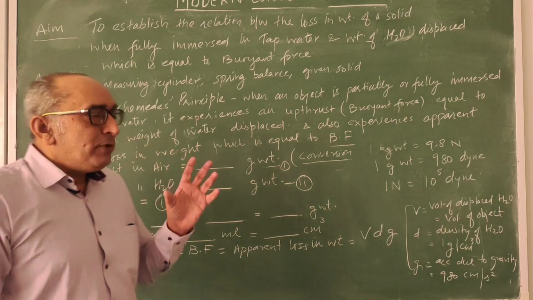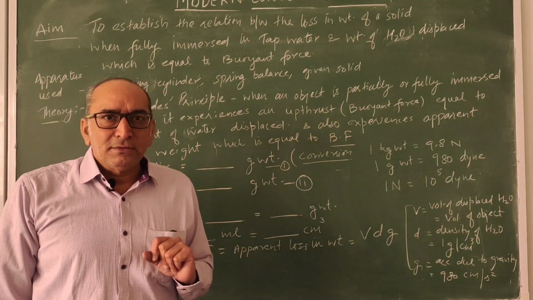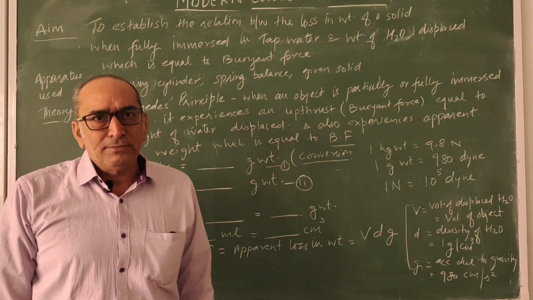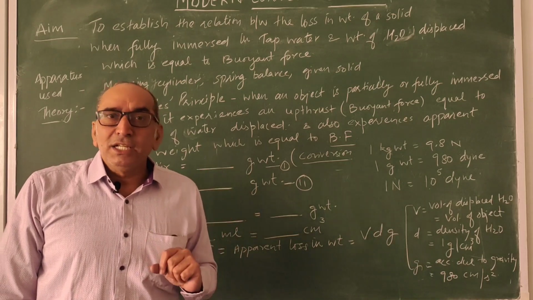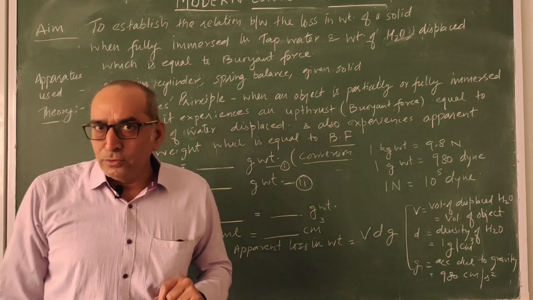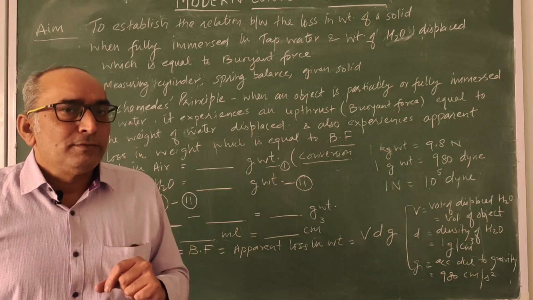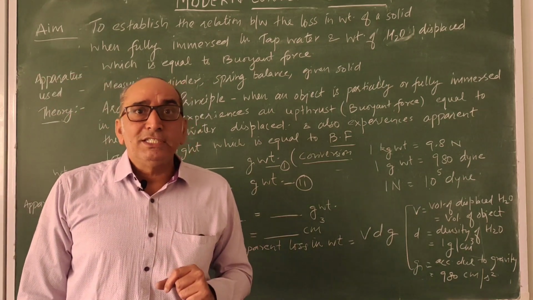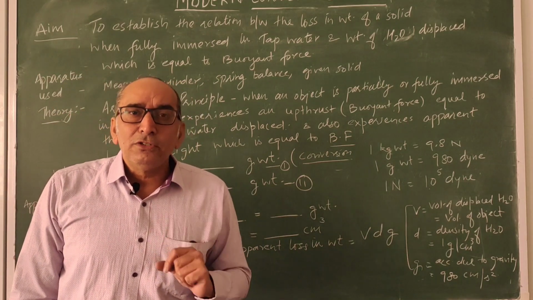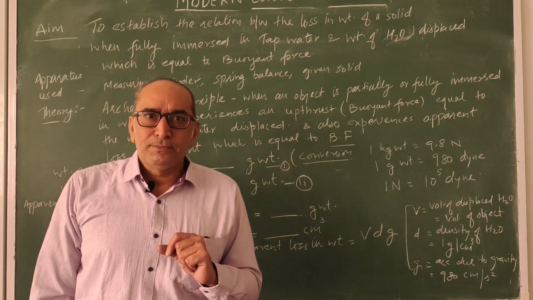Understand this? Whenever an object is immersed in a liquid, it displaces liquid equal to its volume, and the weight of that volume of water displaced is equal to buoyant force.